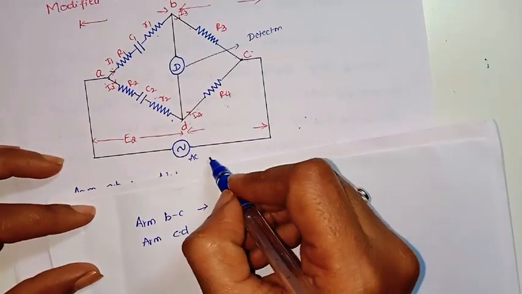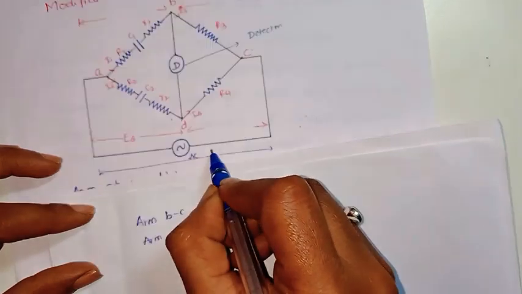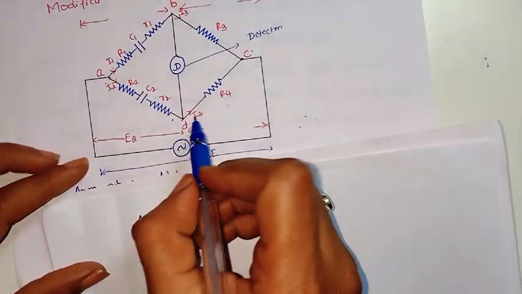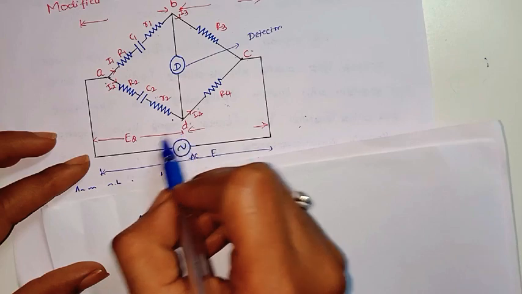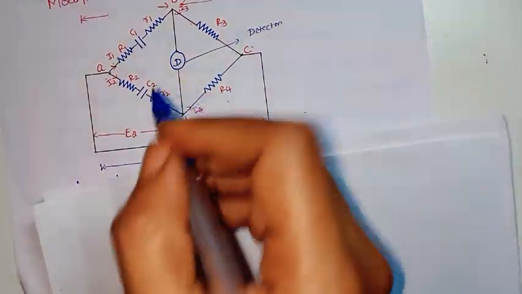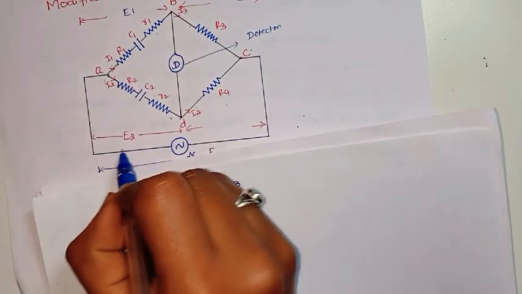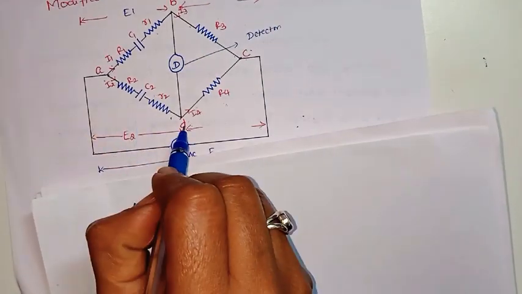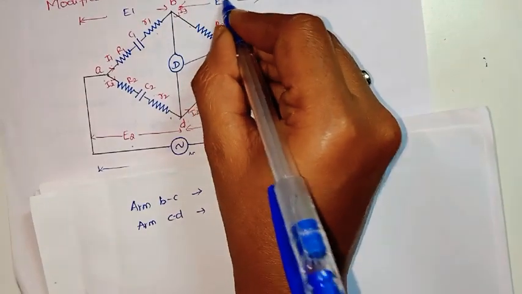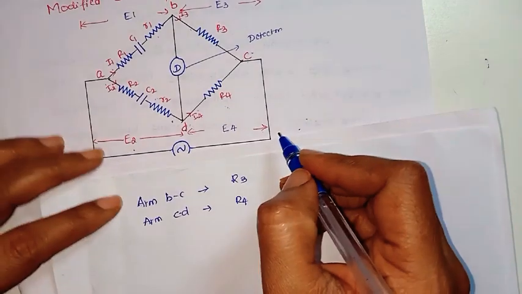The whole EMF is E. The voltage in the AB arm is E1, in the AD arm is E2, here it is E3 and here it is E4.